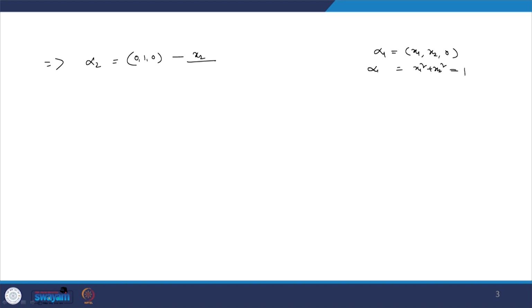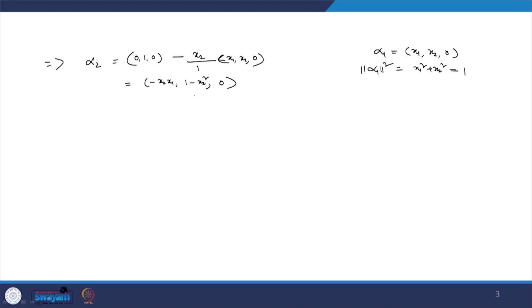So, norm of alpha 1 square is 1, and alpha 2 equals minus x2 x1, 1 minus x2 square, 0.